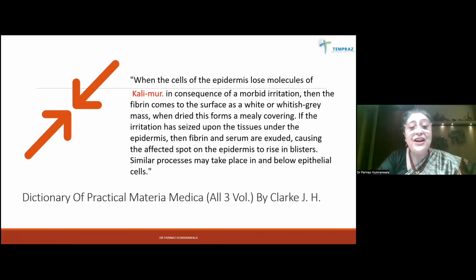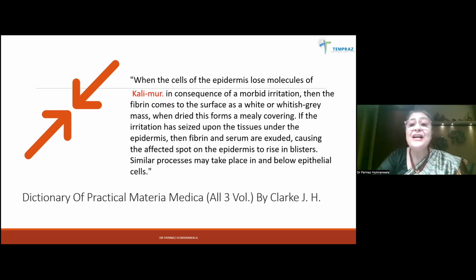In the Dictionary of Practical Materia Medica by Clark, I'll read. When the cells of the epidermis lose molecules of Kali Mur in consequence of a morbid irritation, then the fibrin comes to the surface as a white or whitish gray mass. When dried, this forms a mealy covering.